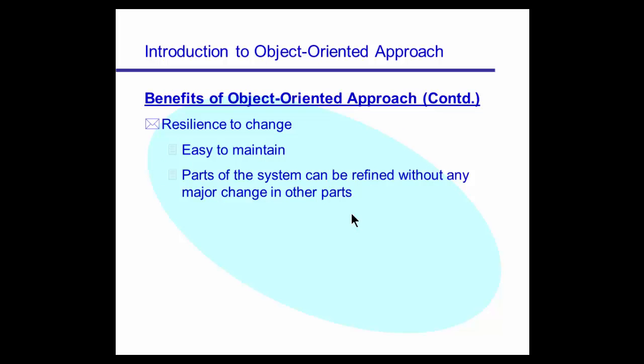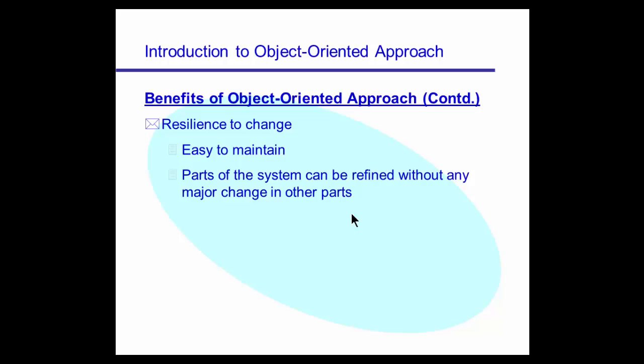Okay, so next we have another important benefit, which is resilience to change. Softwares which we develop using object oriented systems are very resilient to change, which means that they are very easy to maintain, and parts of the system can be redefined without any major change in other parts.